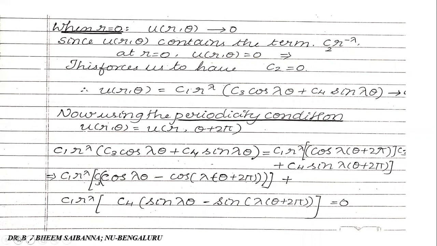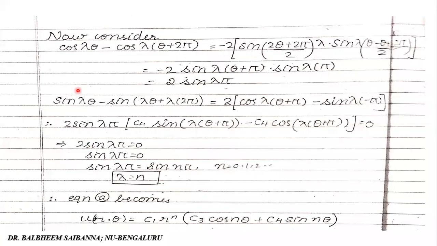Using the formula we can write cos C minus cos D, meaning cos lambda theta minus cos lambda (theta plus 2 pi), is equal to minus 2 times sin lambda ((theta plus theta plus 2 pi) by 2) times sin lambda ((theta minus theta minus 2 pi) by 2).